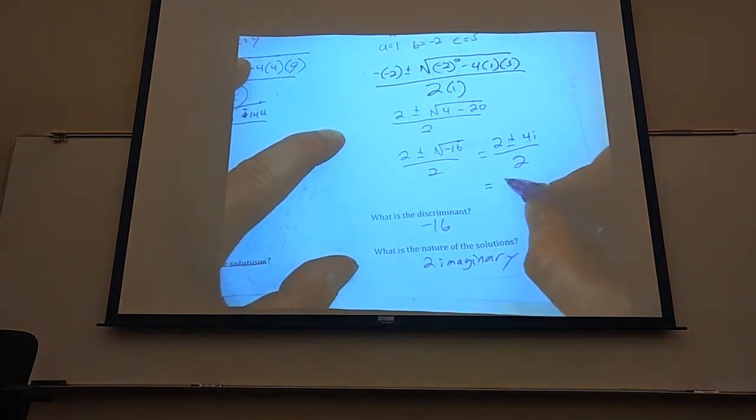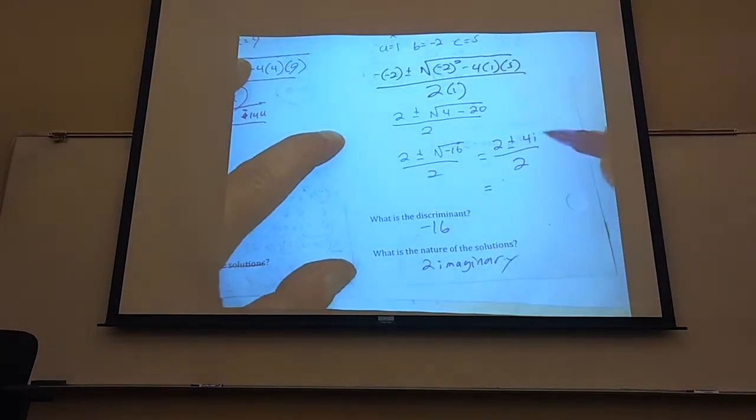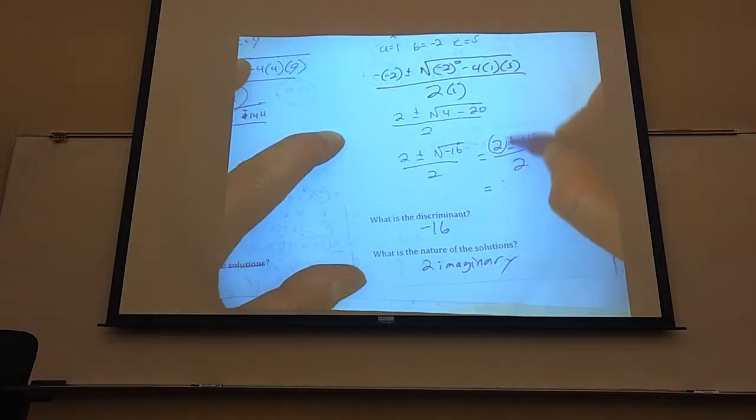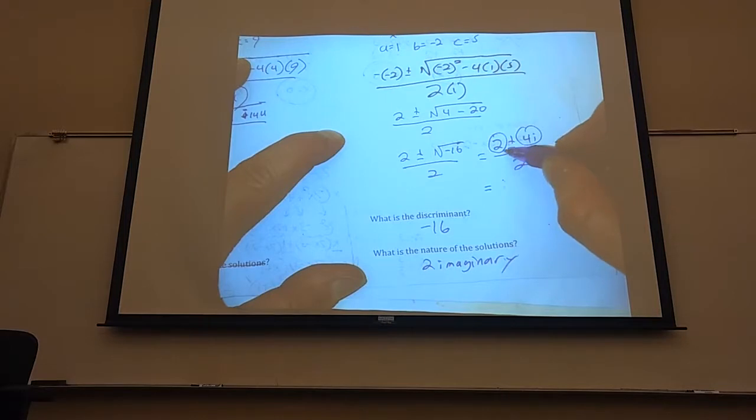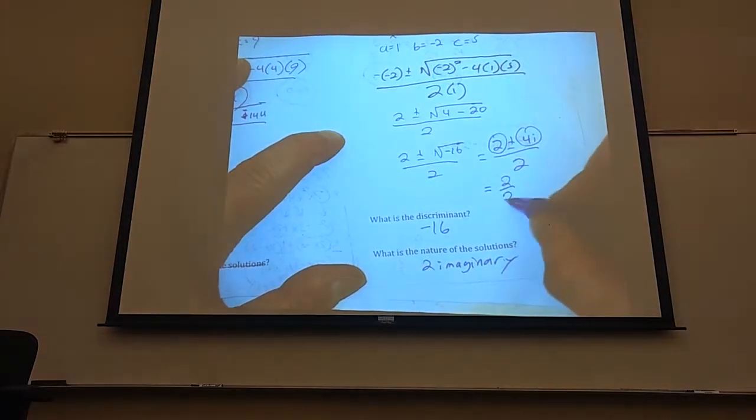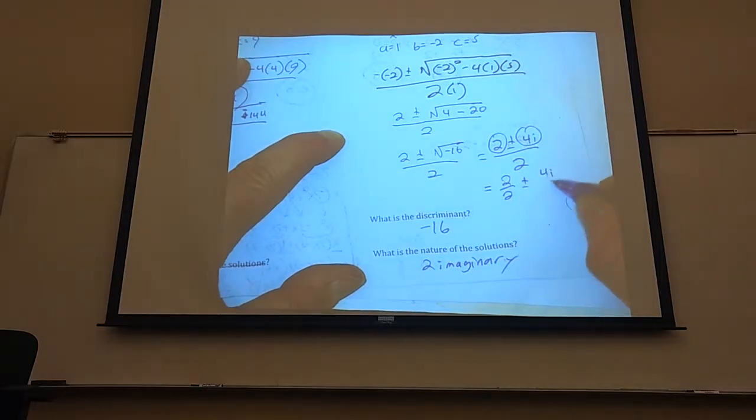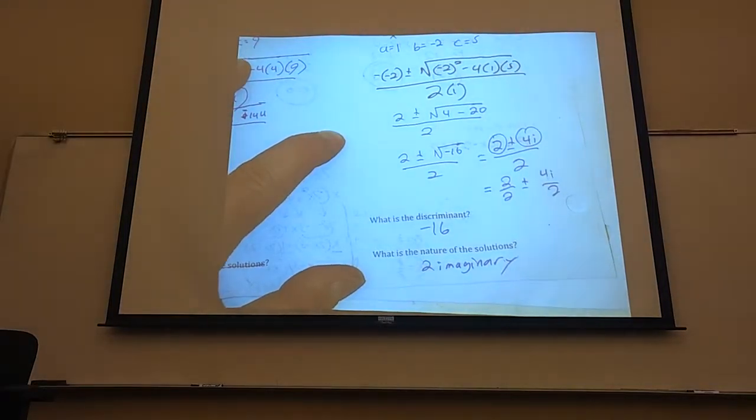Are y'all comfortable? Or do y'all see what is happening? We're gonna take each of these and divide each one by this 2. So we get 2 divided by 2, and then 4i divided by 2. Just like I can combine fractions, I can split them apart, and this time both actually simplify.